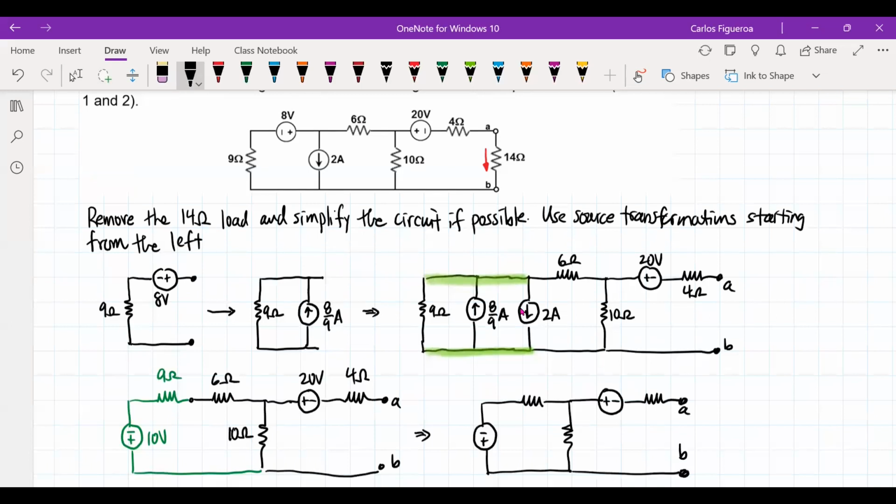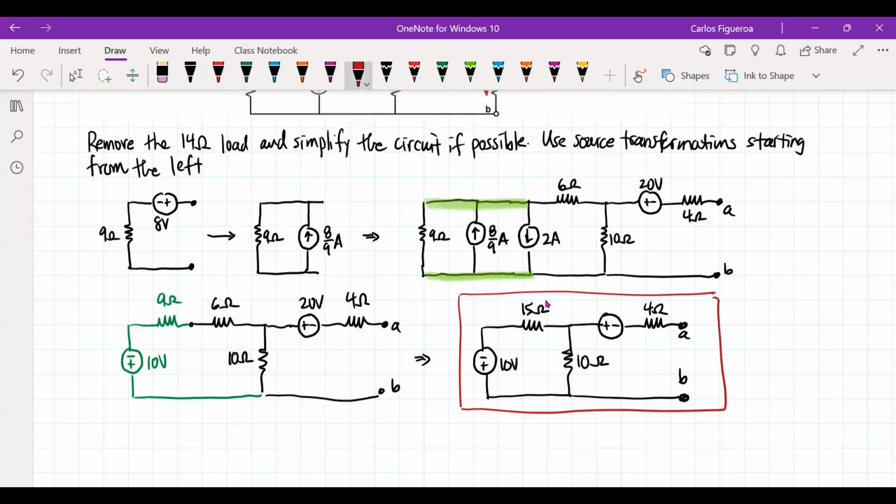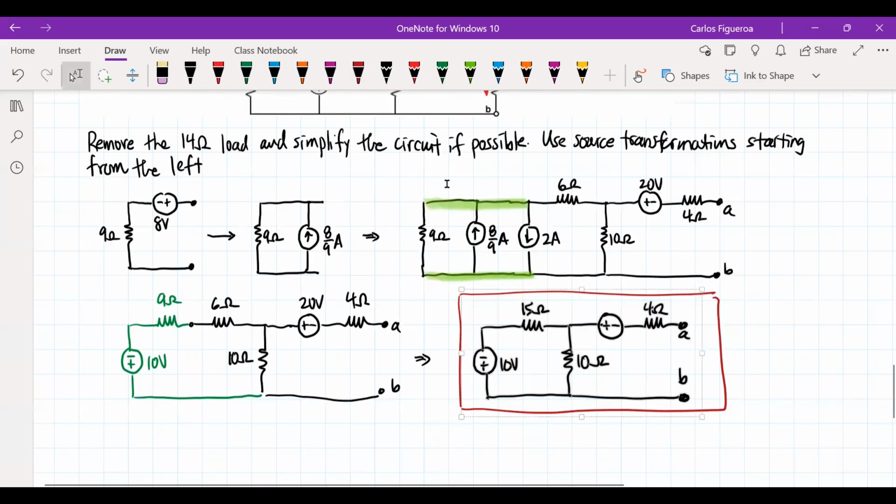I'm going to say that this is my final circuit. I will not deal with the original circuit; I'm going to only deal with this circuit because I've simplified it. So this is the circuit I want right here, the equivalent.